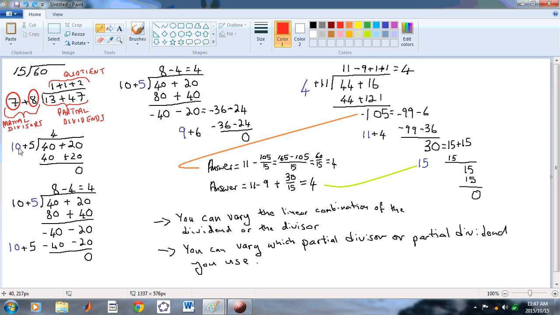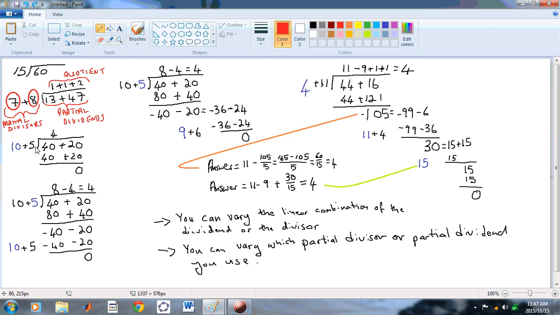So now I'm going to choose this partial divisor, which is 10, and say 10 goes into 40 4 times, right? Then I will multiply both partial divisors by 4, because when I write a value up here, it means the entire divisor, okay?